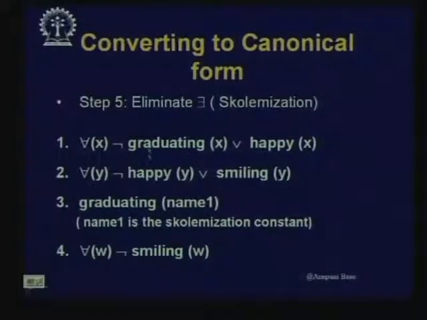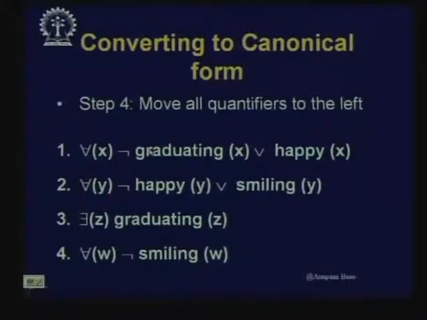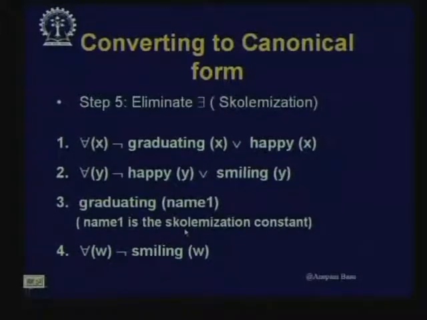So, for example, let us go to the earlier one. Here there was no existential quantification at all. The only existential quantification in this case that we had was this. That was the only existential quantification. So, what we do here, it was there exists z such that graduating z.